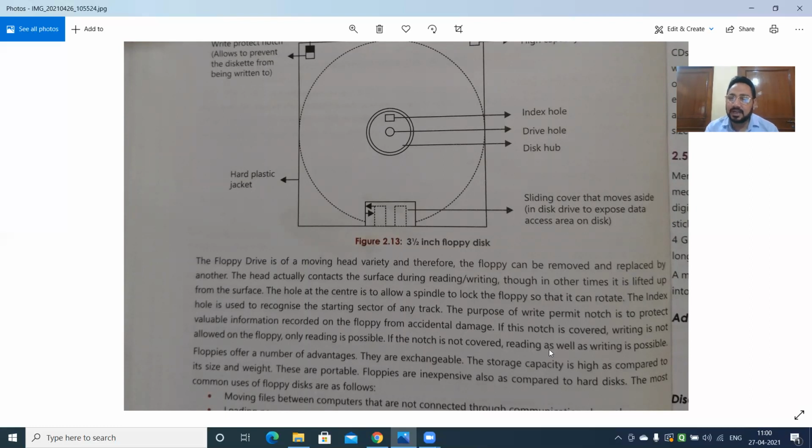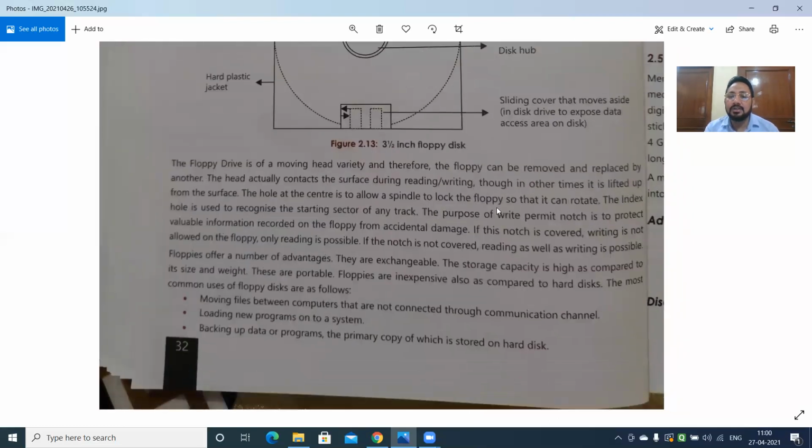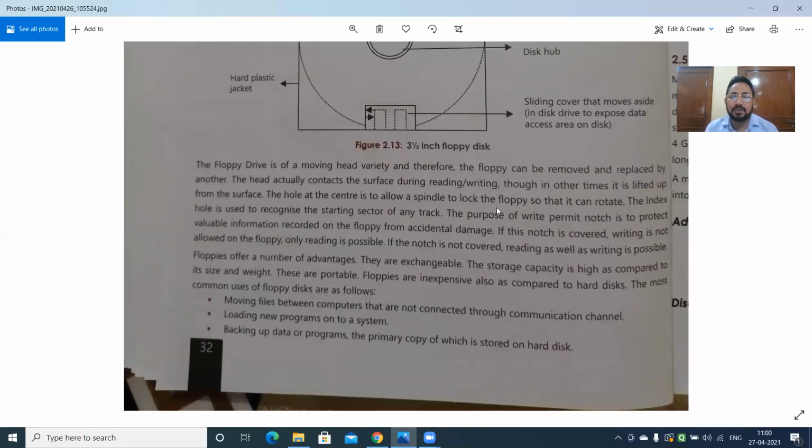The purpose of the write permit notch is to protect valuable information recorded on the floppy from accidental damage. If this notch is covered, writing is not allowed on the floppy. Only reading is possible. If the notch is not covered, reading as well as writing is possible. Floppies offer a number of advantages. They are exchangeable.